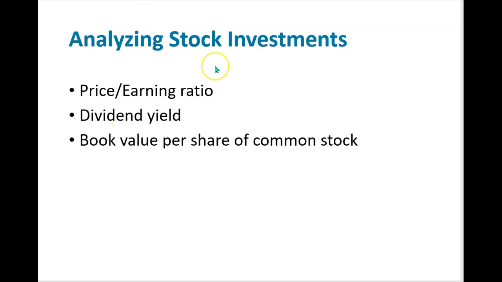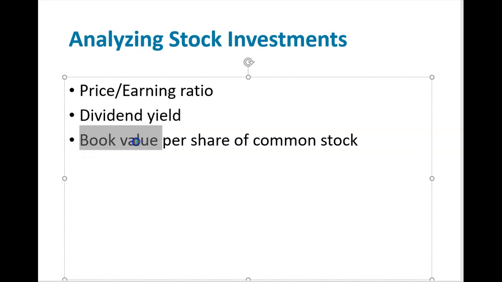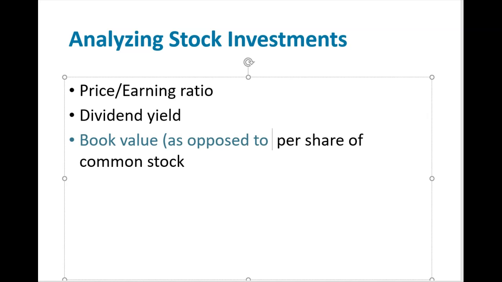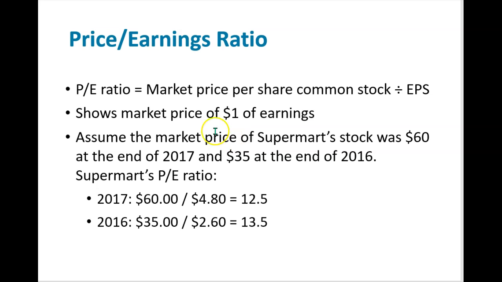Okay, almost there. Now to analyze stock investments, we'll look at three different things: a price earnings ratio, dividend yield, and book value per share of common stock. This is book value, as opposed to market value. The PE ratio shows the market price of $1 worth of earnings.